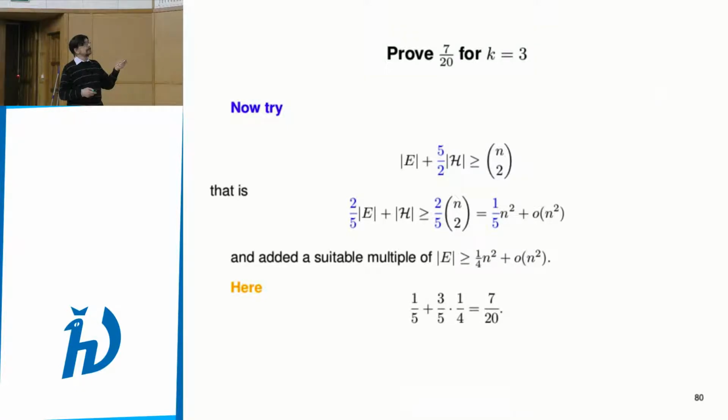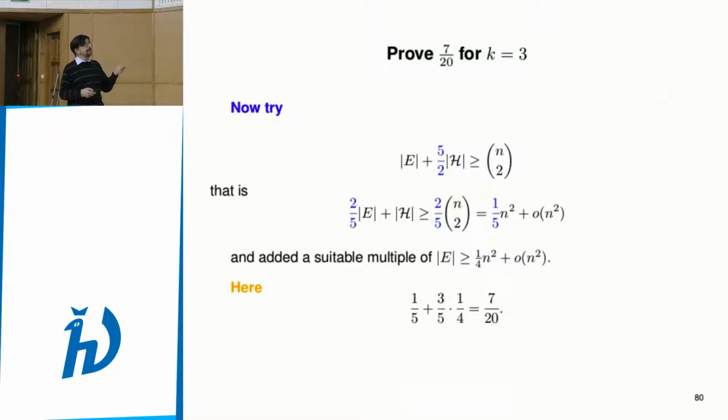The 2/5 times E plus H is at least 1/5 times n squared. And so then the suitable multiple will be 3/5. So we add 3/5 of this inequality.